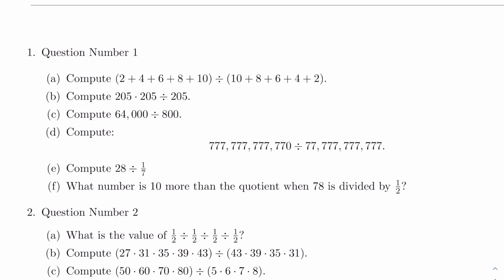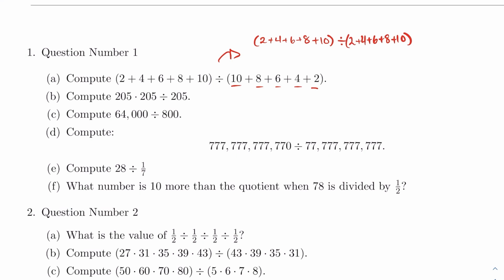Compute 2 plus 4 plus 6 plus 8 plus 10 divided by 10 plus 8 plus 6 plus 4 plus 2. Well, let's remember our commutative and associative properties, and we can go ahead and rearrange this such that it is 2 plus 4 plus 6 plus 8 plus 10 divided by 2 plus 4 plus 6 plus 8 plus 10, because we have 10, 8, 6, 4, and 2 right here.